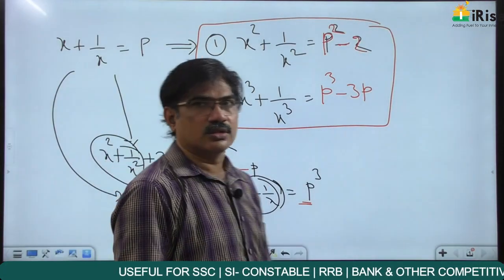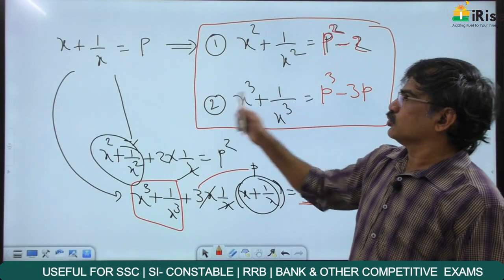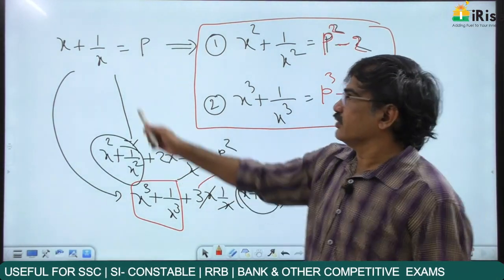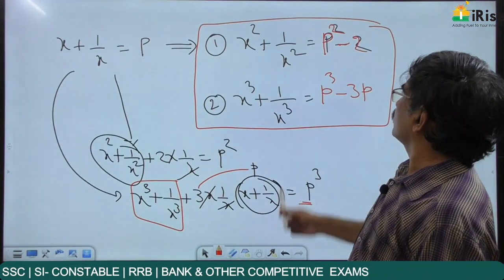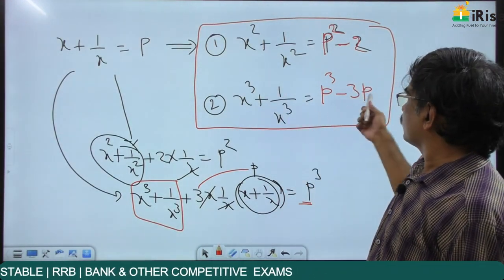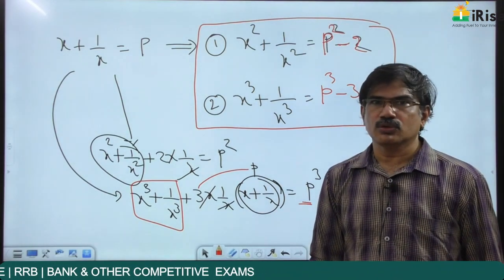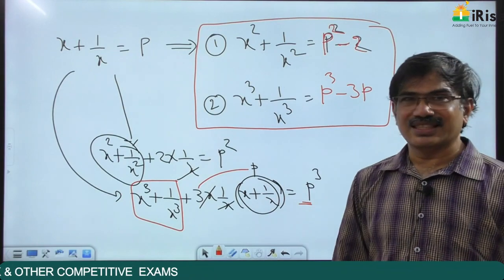Know these two formulae, they are most important to solve the questions. If x plus 1 by x is p, x square plus 1 by x square is p square minus 2, and x cube plus 1 by x cube is equal to p cube minus 3p.